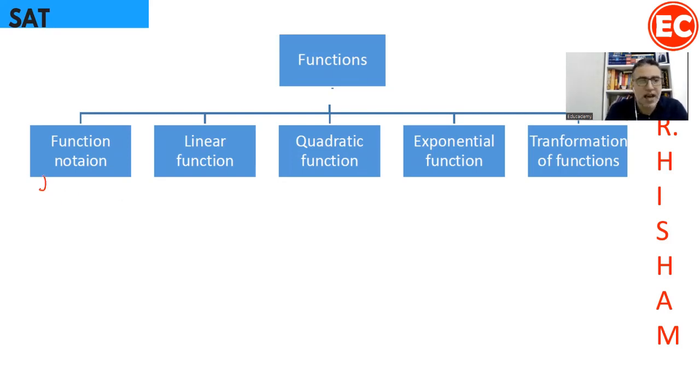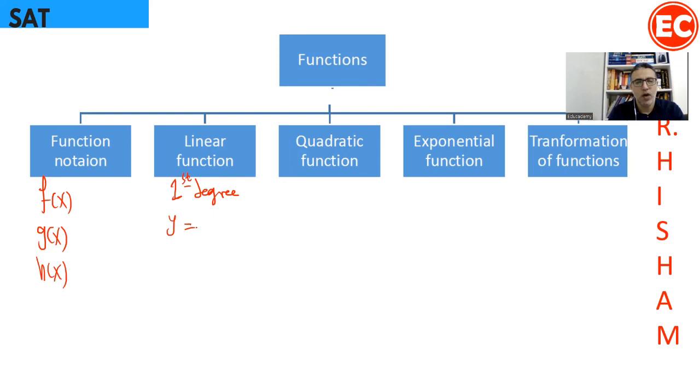Function notation is how we write the function as f of x, g of x, or h of x, and how we write the equation, whether first degree, second degree, or third degree. A linear equation is an equation or function of first degree.